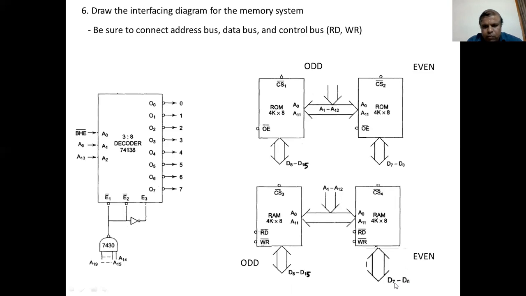Similarly, D0 to D7 of the microprocessor data bus pins are connected to the data pins of this RAM. Similarly, for a byte transfer in the odd bank, the data bus pins D8 to D15 are connected to the data pins of this RAM.